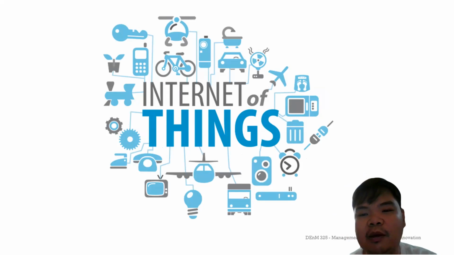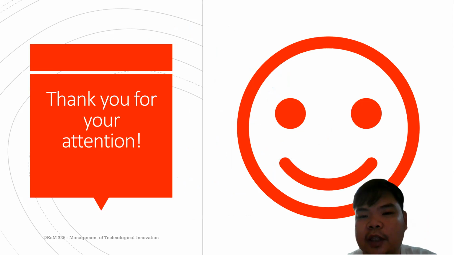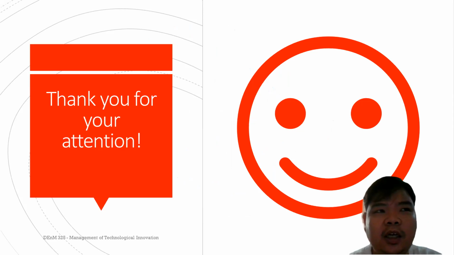So you can already monitor, for example, the different root crops that you planted on a certain farm through the use of Internet of Things, also in relation with other emerging technologies like artificial intelligence and machine learning. There are actually lots of things related to emerging technologies.